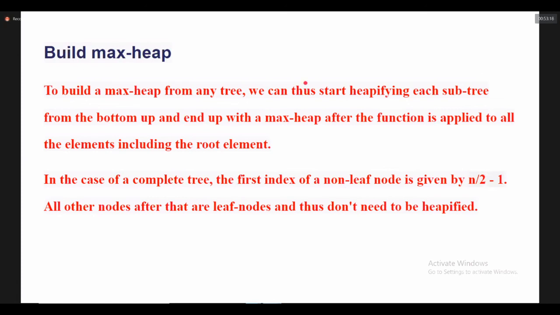It is not a level order tree. Level order tree is different, and max heap or min heap sort is different.